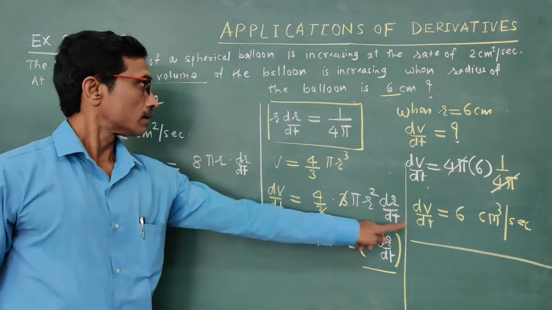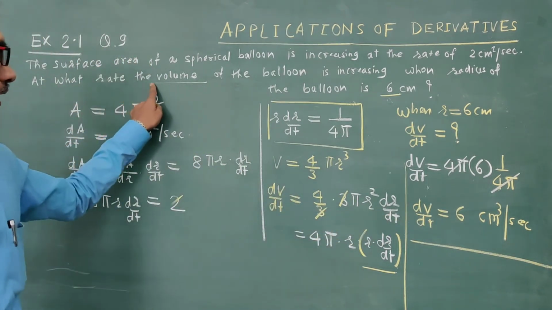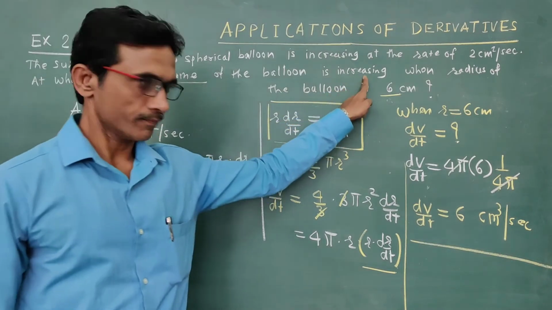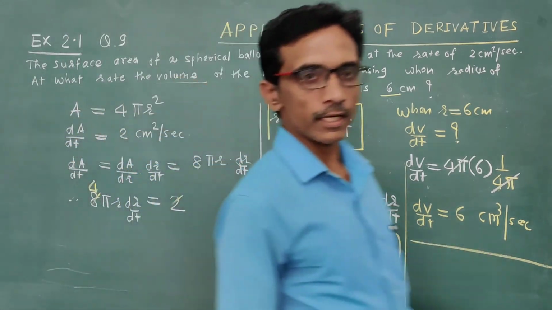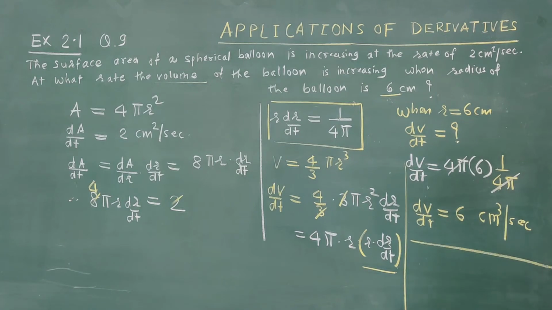This is the rate at which the volume of the balloon is increasing. So the volume of the balloon is increasing at the rate of 6 cubic centimeter per second.